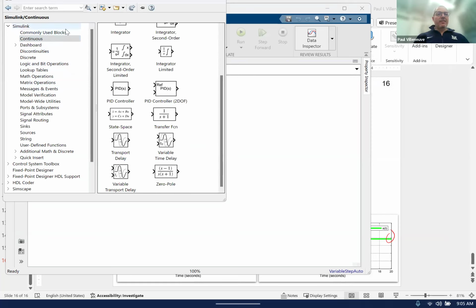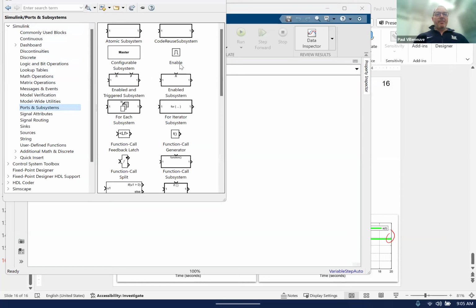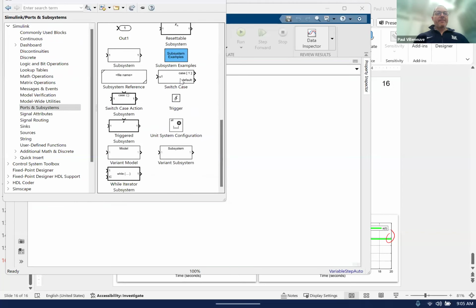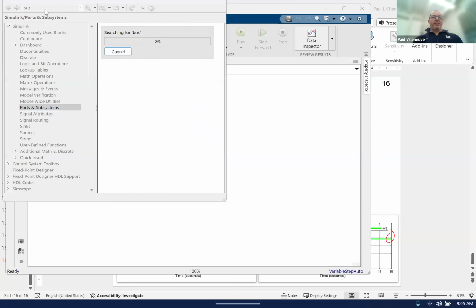No. How about ports? Just search. But I can't remember what that's called. Is it called a bus? Electrically, we call it a bus. We can do it really quickly and see.